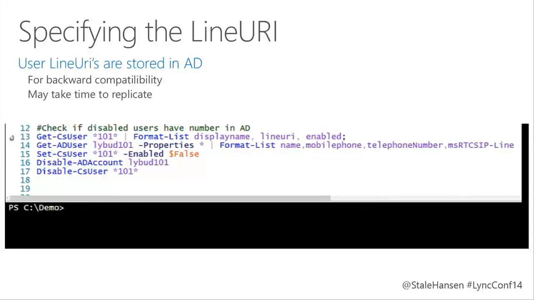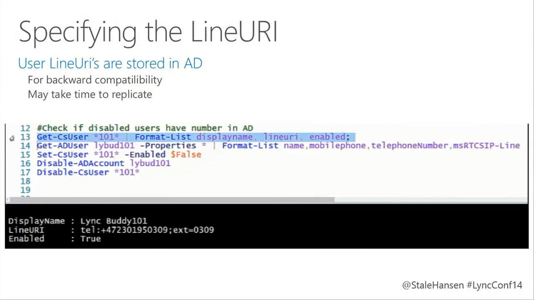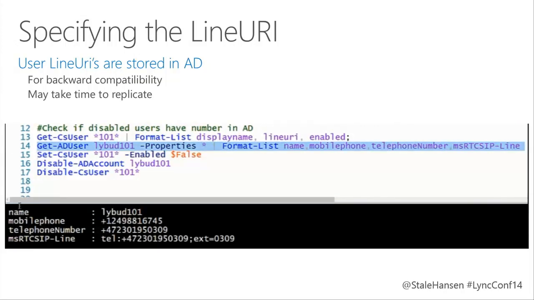But what about phone numbers? Where are they stored? If you do Get-CsUser, you can find your LineURI again, and you see that it's listed under the LineURI parameter. And also you can find the number using Get-ADUser.